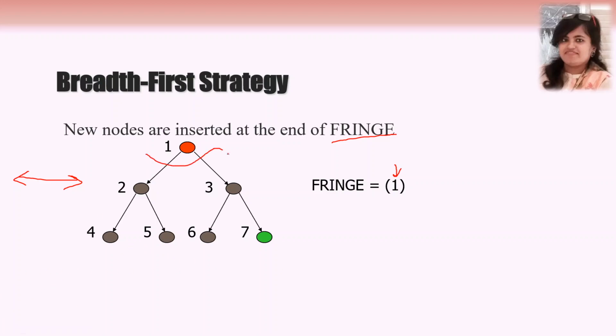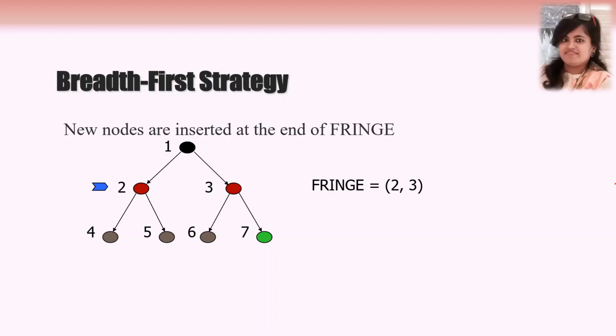This is the unexplored set that we need to explore. After node 1, in the breadth first search technique we can go to nodes 2 and 3, which are the children, and we write 2 and 3 in the fringe.